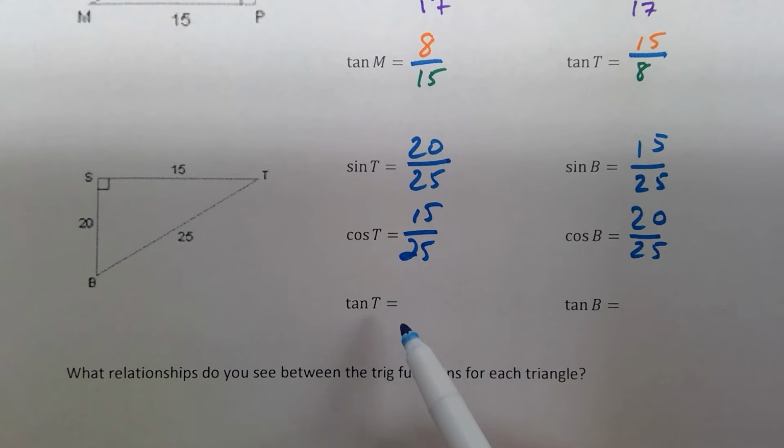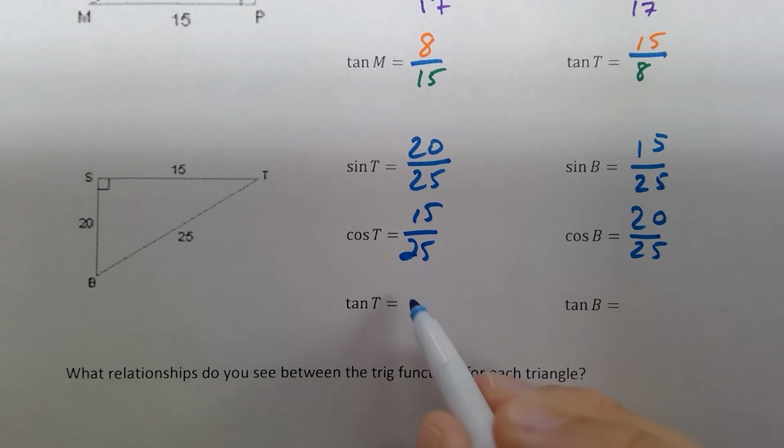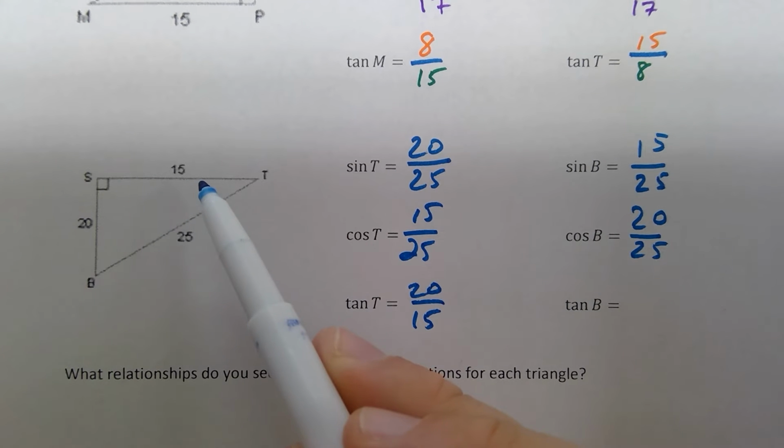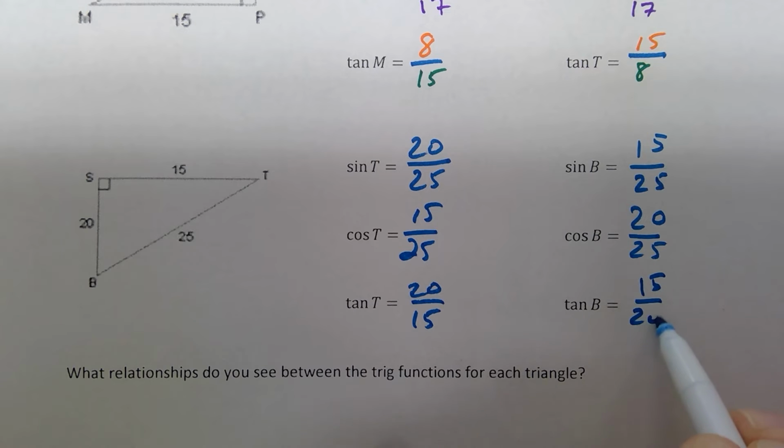Tangent T, so here's angle T, our opposite is 20, our adjacent is 15, so that's 20 over 15. And then for tangent of B, here's angle B, 15 is my opposite, 20 is my adjacent, so 15 over 20. Now, hopefully we're starting to see a pattern between our two sets of trig ratios.